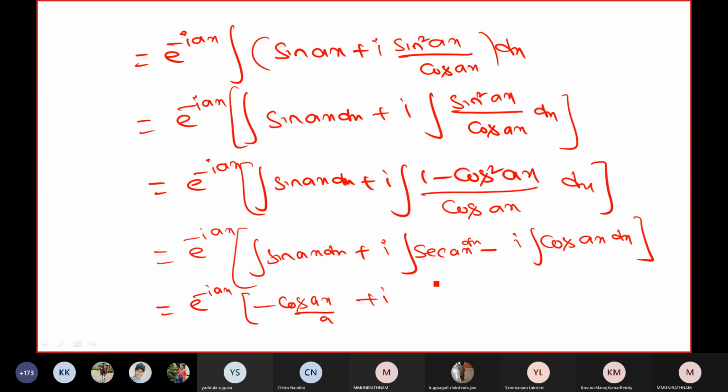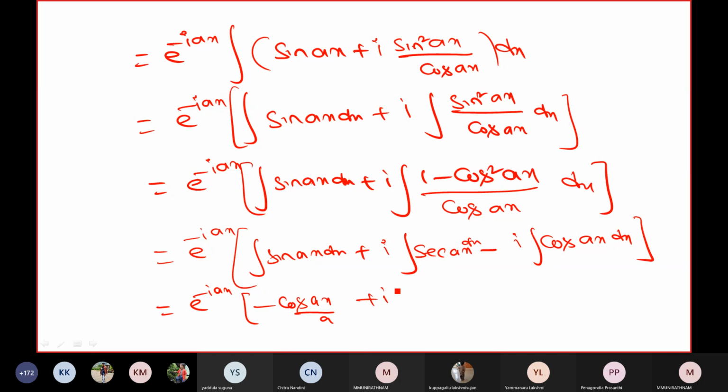Please tell me the integral secant x formula. ln of secant x plus tan x.